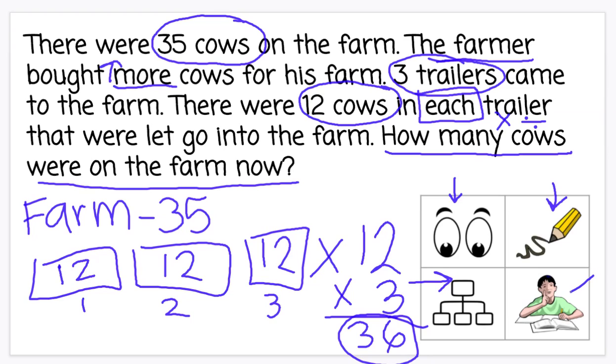I need to analyze my answer. It says, how many cows were on the farm now? So I know that I started with 35 cows, and then trailers brought 36 more cows. So in order to figure out how many cows are on the farm now, I need to put those two numbers together. I'm not done solving my problem.